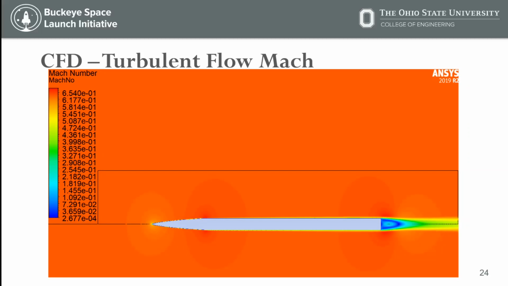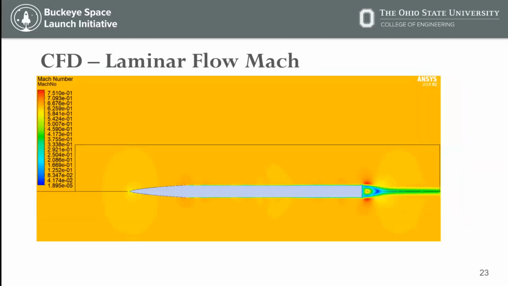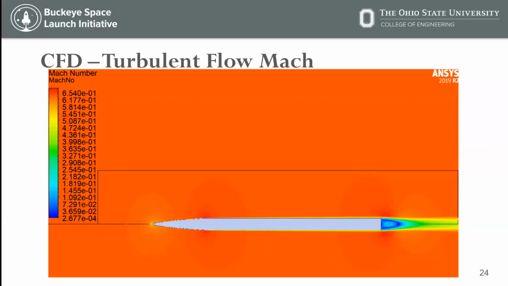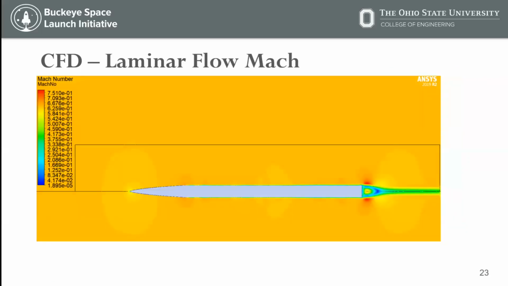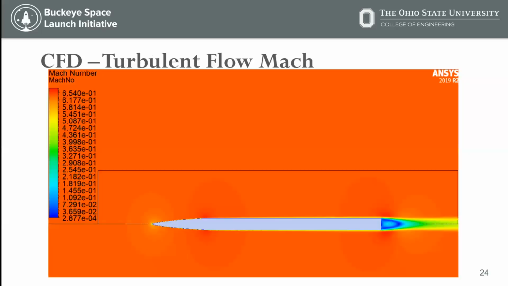And going back between the two, we could see in that base zone on the laminar model, the flow actually speeds back up behind the rocket, whereas in the turbulent model, it stays slow. You could see the boundary layer in both models, so that slow region really close to the surface of the rocket. You can see the boundary layer there, so kind of pointing to that skin friction drag.